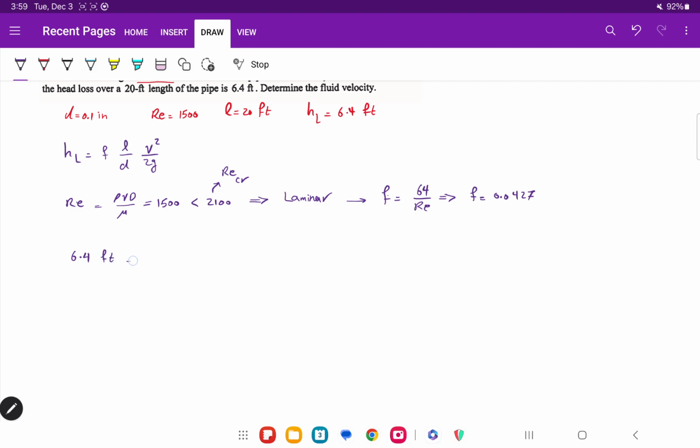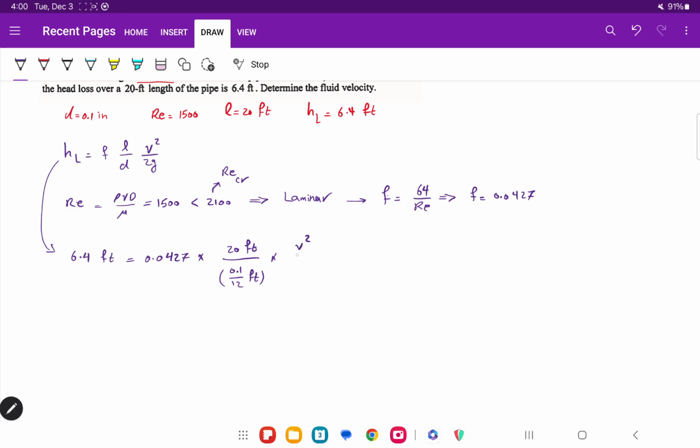Now HL, 6.4 feet equals F, 0.0427. I'm writing this formula. Actually, I'm putting the values inside it. L is 20 feet. Diameter is 0.1 over 12 feet.